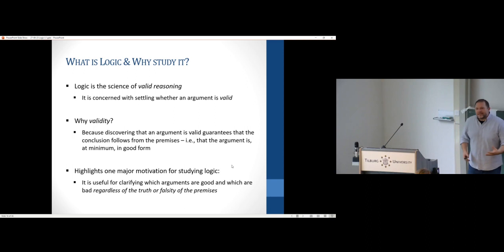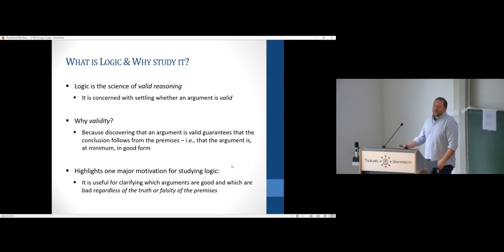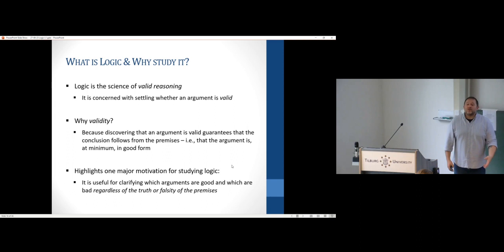And why be interested in validity? Because discovering that an argument's valid guarantees that the conclusion follows from the premises. The argument is, at minimum, in good form. It makes the questions about whether the premises are true or false matter. Because if it's not in good form, who cares if the premises are true or false? The conclusion just doesn't follow.